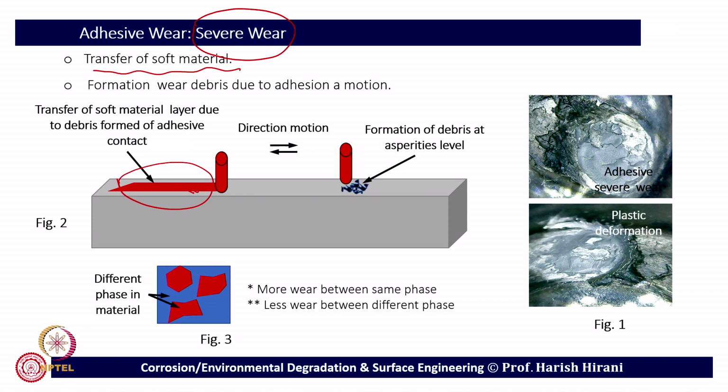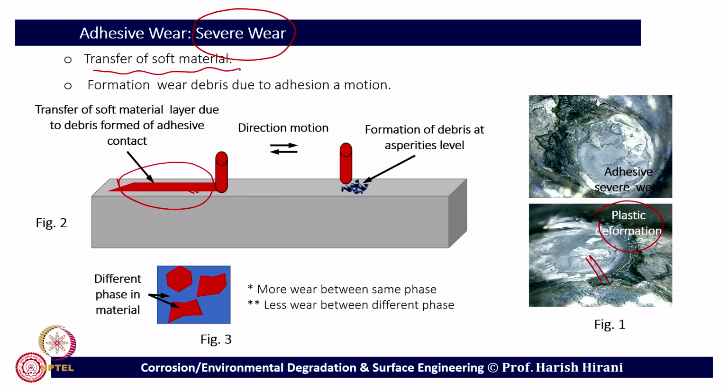That is what we have shown in experiments. We have done some experiments on balls, the 4-ball test. We have seen that there is adhesive wear, and if the load is very high and there is an absence of lubricant, we can get a lot of plastic deformation and almost a scissor kind of action.